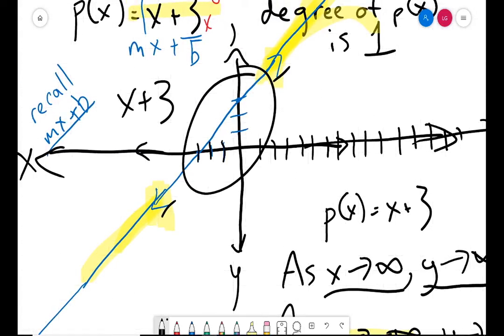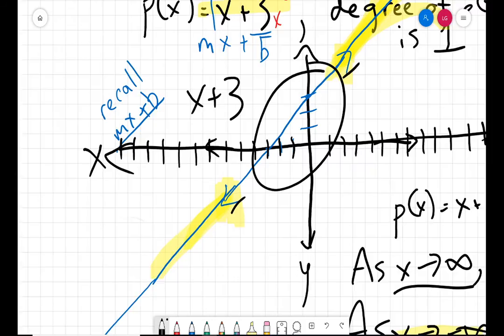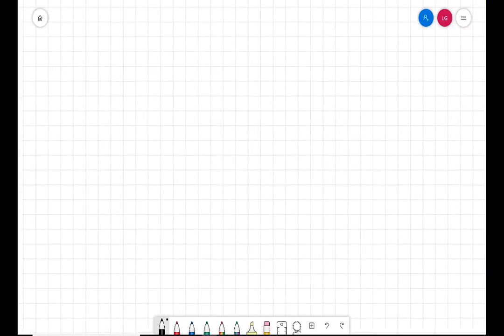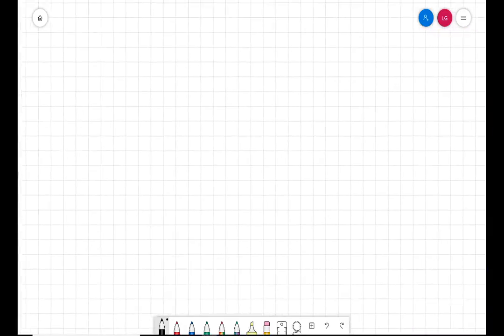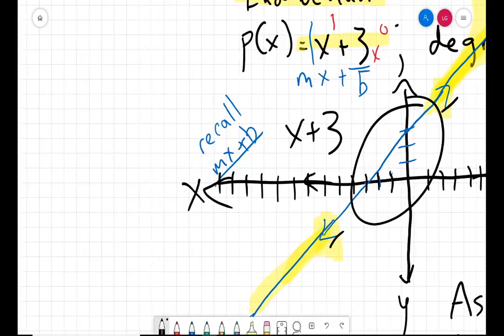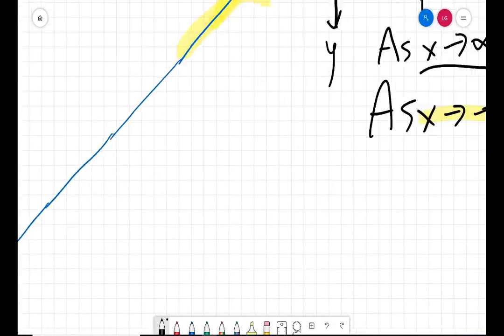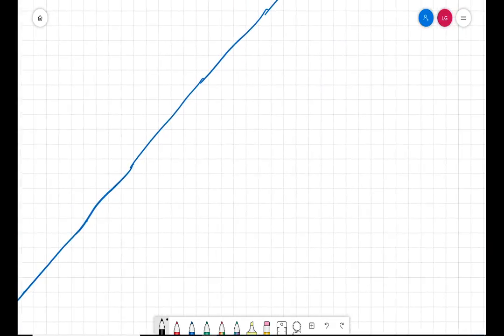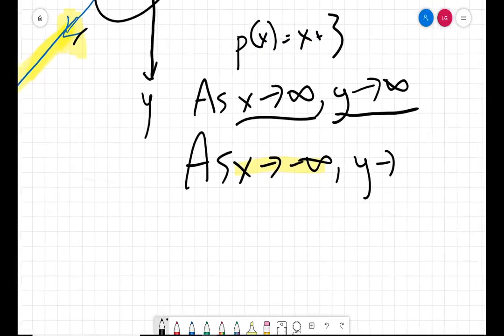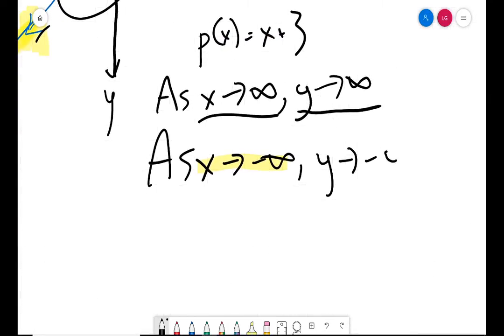Negative 1, negative 2, negative 3, negative 4, and so on, way, way out here, off the charts. What happens? Well, we see it. We've drawn it. As we go left, we need to go down to look at our graph. So y also goes to negative infinity.